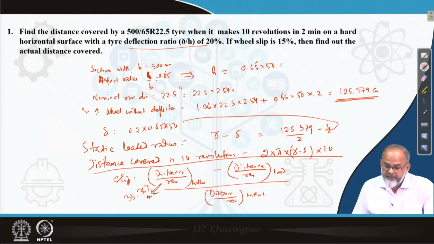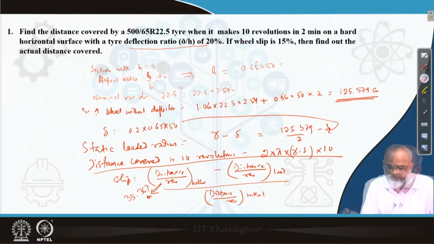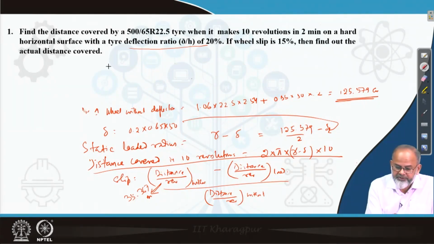Now slip is given as 15%. Slip is nothing but 1 minus VA by VT. So better to write slip directly. Slip is 0.15, and that is equal to this. Now this value is known, so this value is to be calculated.